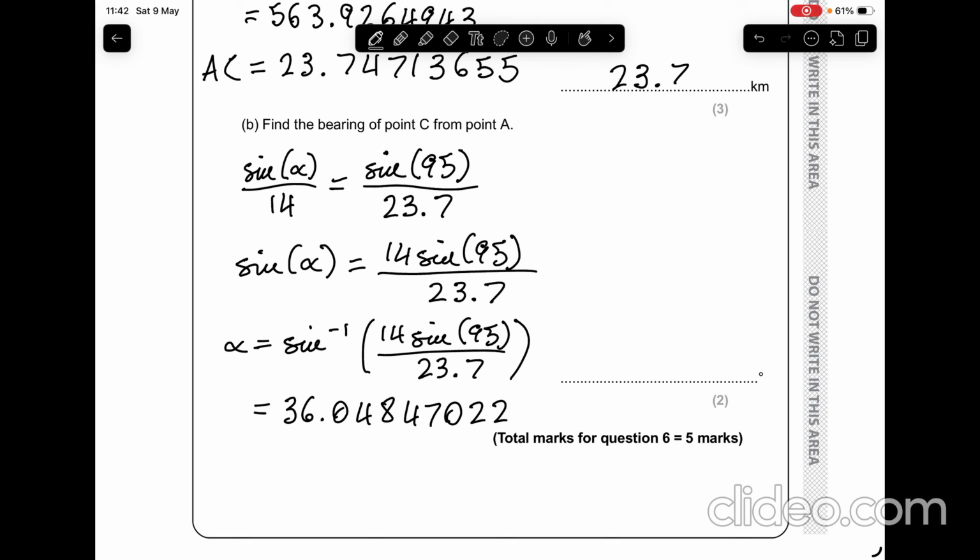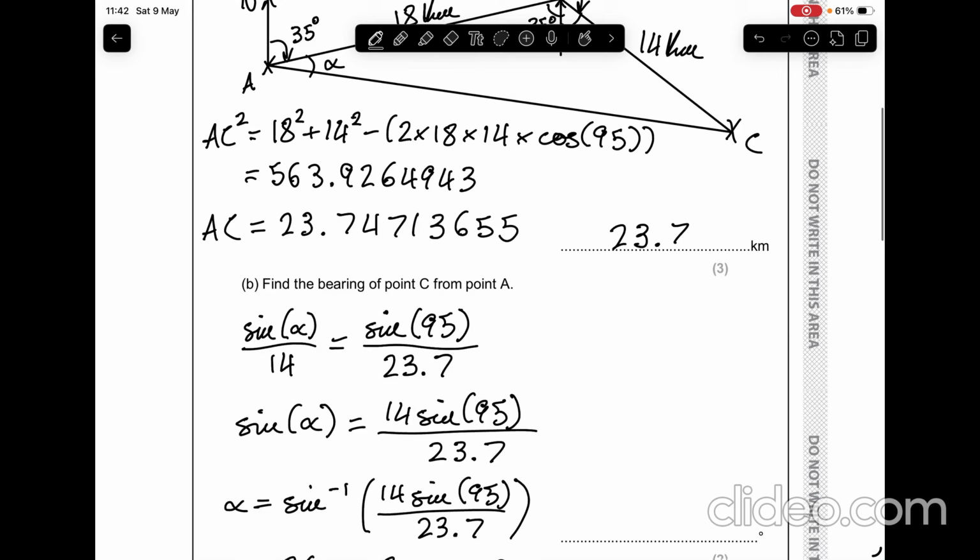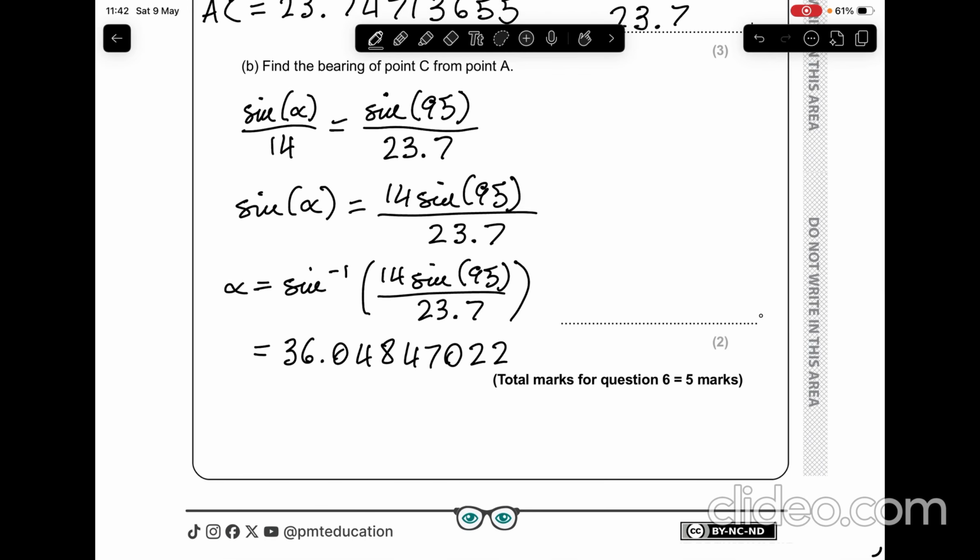Okay, finally, we have our angle. We need to add this to that initial 35 degree turn from due north. So we need to do this number, 36.04847022, and we need to add on 35. Again, just do this with our calculator.